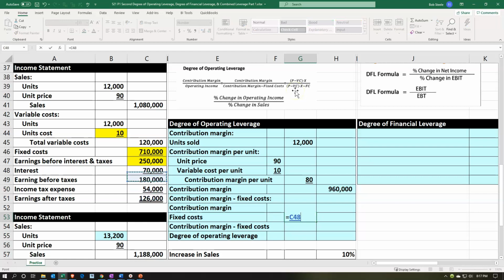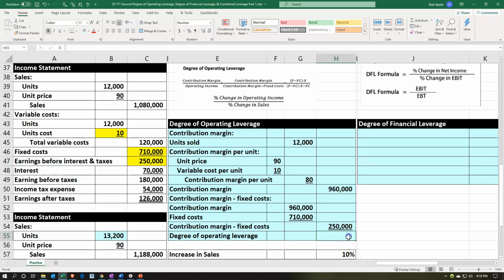So the fixed costs are going to be this 710, which is going to equal the contribution margin minus the fixed costs, which could be the earnings before interest and taxes, or operating income, or other ways that you can say that. Pick up that number. It kind of depends on the format of the income statement as to how you're going to get to that number.